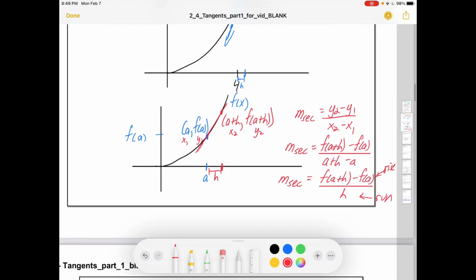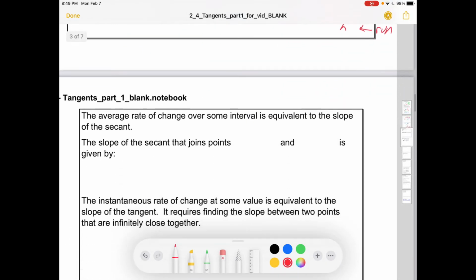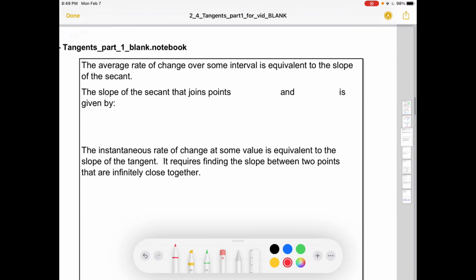Let's generalize a little bit more, or let's sort of codify what we've got. So the average rate of change over some interval is equivalent to the slope of the secant. The slope of the secant that joins points a, f of a. So a is a point that we care about. And a plus h, a point that's just a little bit over. And f of a plus h is given by, we'll go through this process again. That's x1, y1, x2, y2.